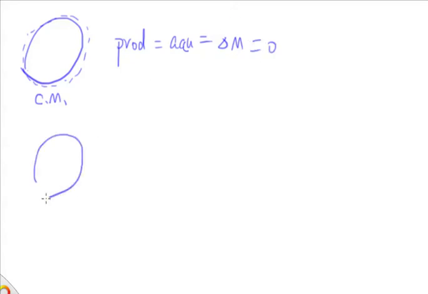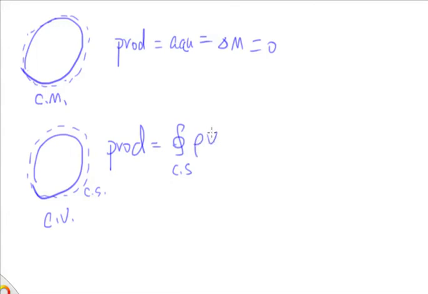Now let's look at the case for control volume. Since there can be inflow or outflow into the system, we have to take that into account. So the first one is the net flux, which is an integral over the control surface, rho v dA, and also there's an accumulation term, which is partial t over the control volume of density dV, and that equals 0.